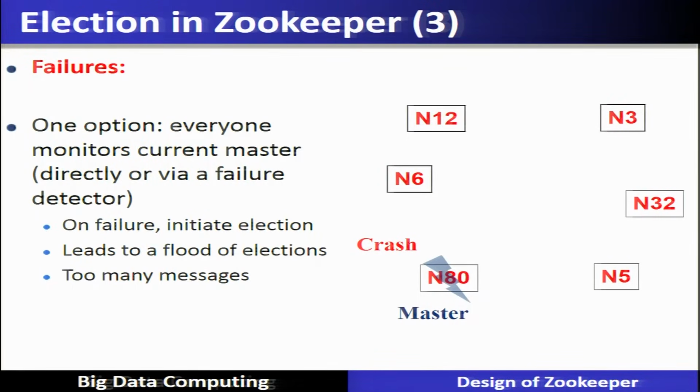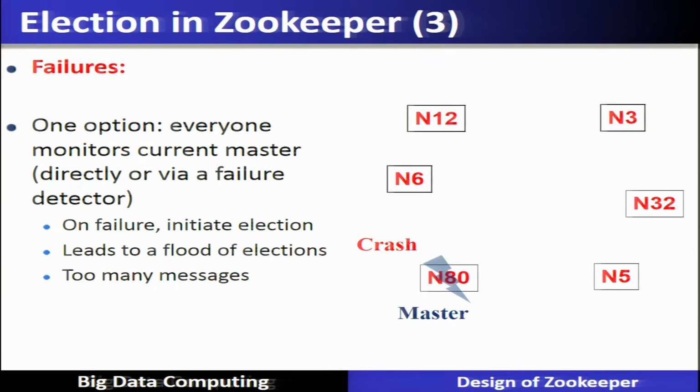Now, what about failures? During the election or after the election, the master may crash. So, one option is that everyone monitors the current master directly via failure detectors. That means in normal cases, leader election is not happening again and again.